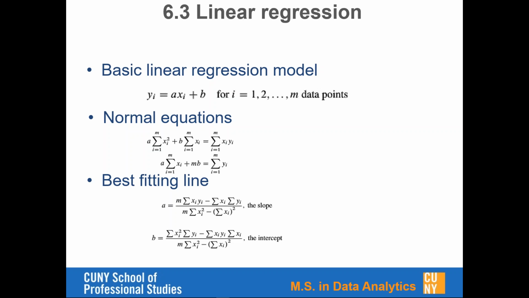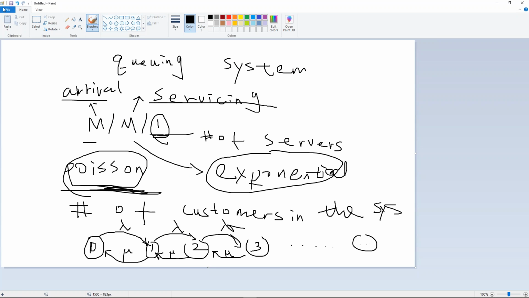And then the third topic that we are covering in this section is how can you model a linear regression? As you know, basically you have a bunch of points, and you're trying to fit a linear model.